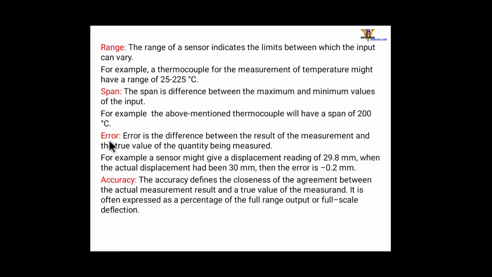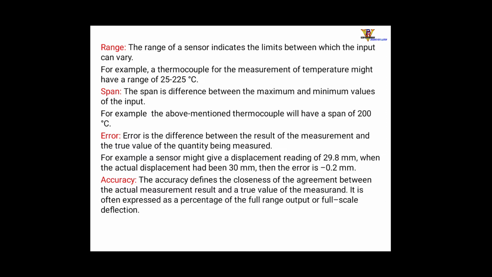Next specification is error. Error is the difference between the result of measurement, what you are getting as the outcome of your measurement, and the true value of the quantity being measured. Suppose you are measuring a temperature of 29 degrees Celsius and you are getting a reading of 28.9.